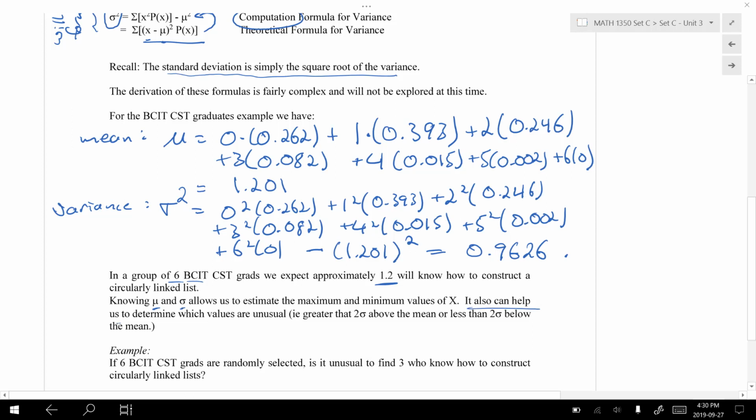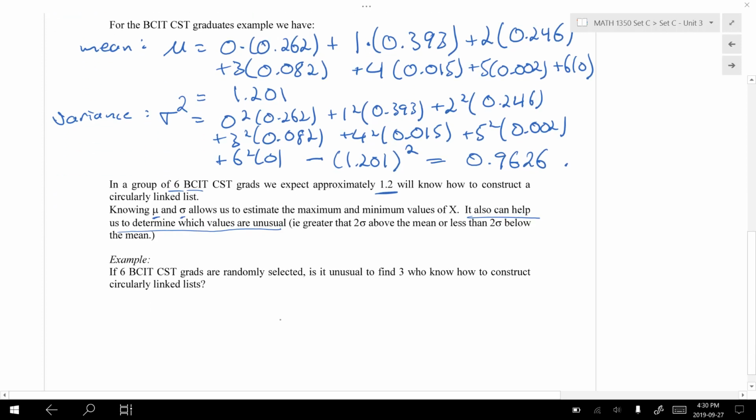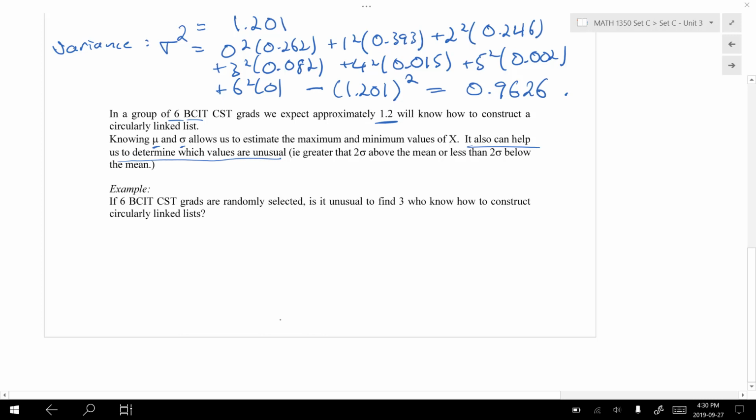So we're going to play the same game that we were before to determine whether something is usual or unusual. So in this example above, we may wish to know if it's unusual to find 3 of these students who know how to construct circularly linked lists.